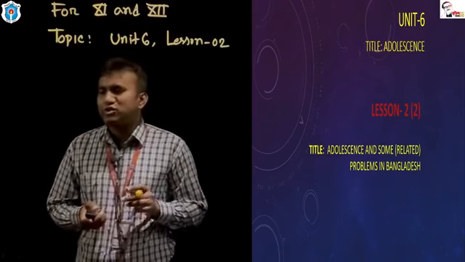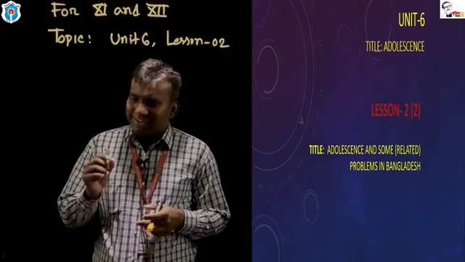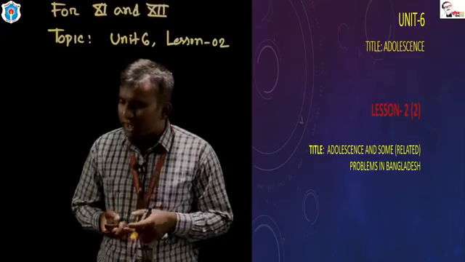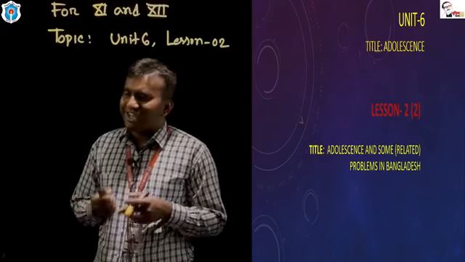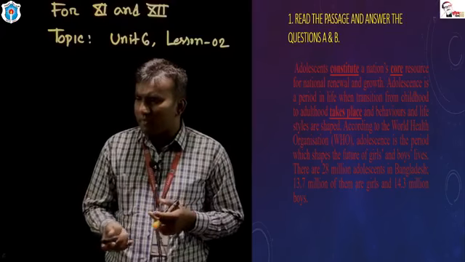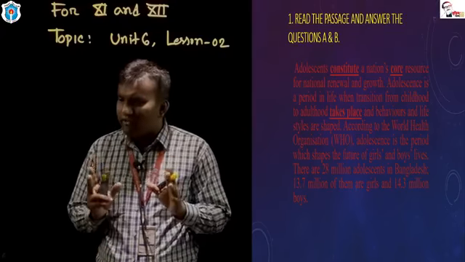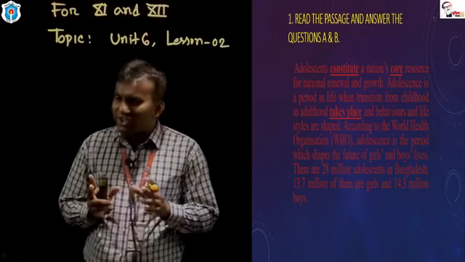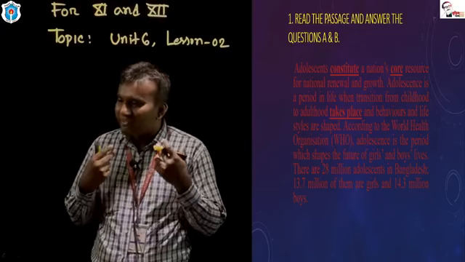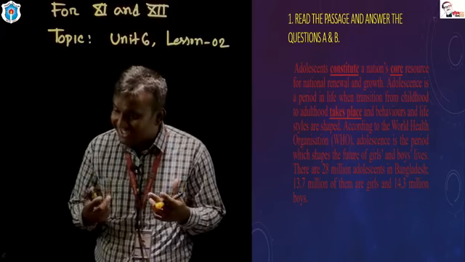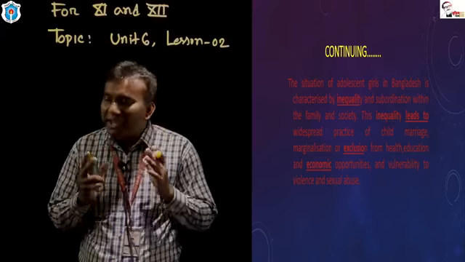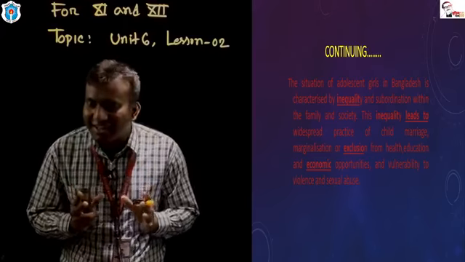Look at the slide, dear students. You can see this is the lesson of Unit 6 and we are talking about Lesson 2. The title of the lesson is Adolescence and Some Related Problems in Bangladesh. We talked about the first paragraph of this lesson. We talked about adolescence, what different people say about adolescence, and the real picture of the adolescent girls in Bangladesh.